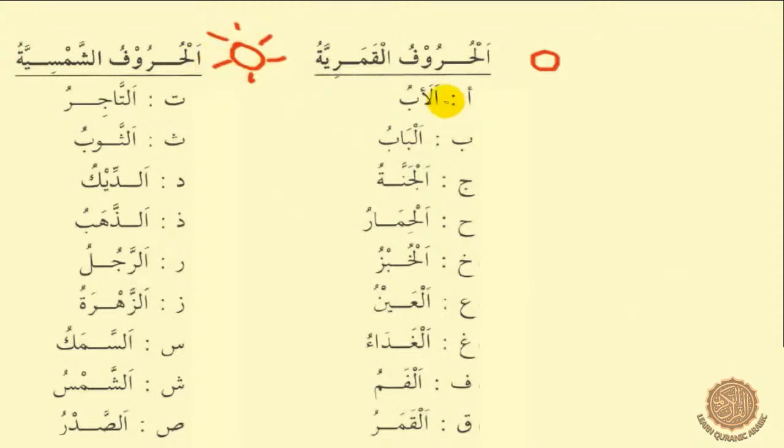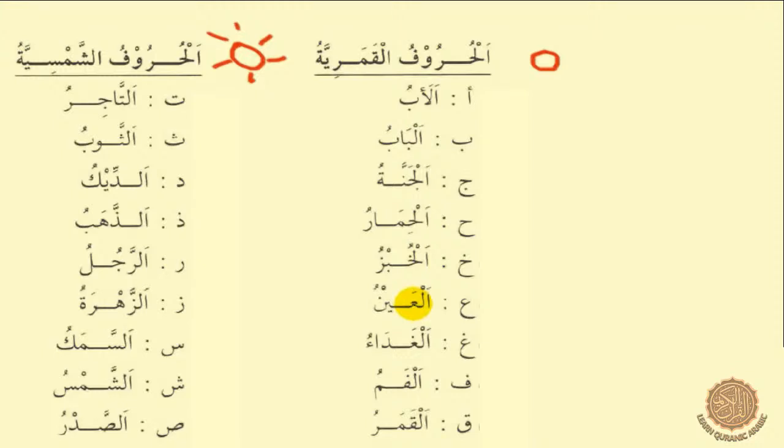And we have here al-abu, the father. Notice here, al-abu, it's pronounced. Al-babu, the door. Al-jannah, al-himar, al-khubz, and so on. So you see how the lam has the sukoon and it's pronounced in all cases.